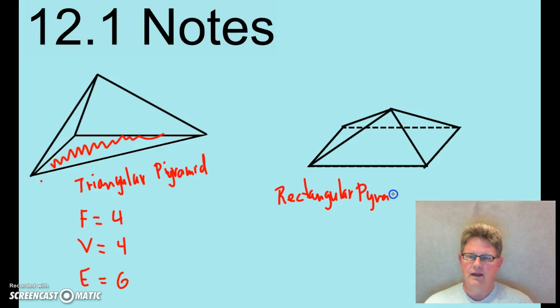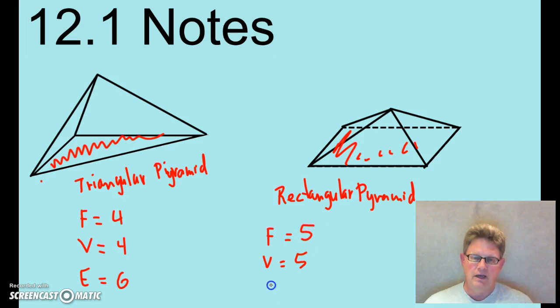And this pyramid is a rectangular pyramid, because it has a rectangle for a base, and that base is right along there. Okay, how many faces does it have? Well, it's got 1 base that's a rectangle, and then 4 lateral faces, which are all triangles, for a total of 5 faces. Vertices, it has 1, 2, 3, 4, 5 vertices.